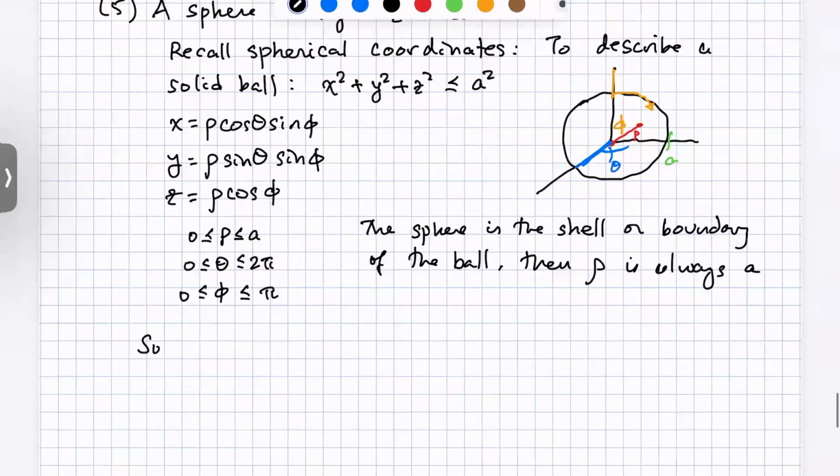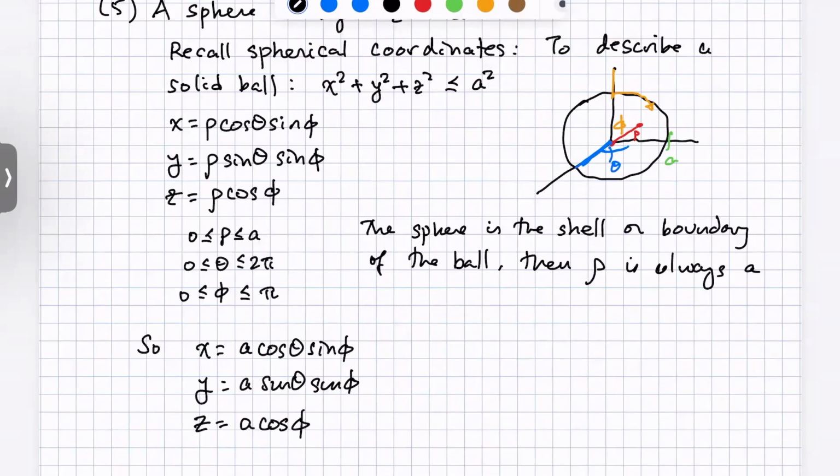So we would just need x to be a cosine theta sine phi, y is a sine theta sine phi, and z equals a cosine phi.